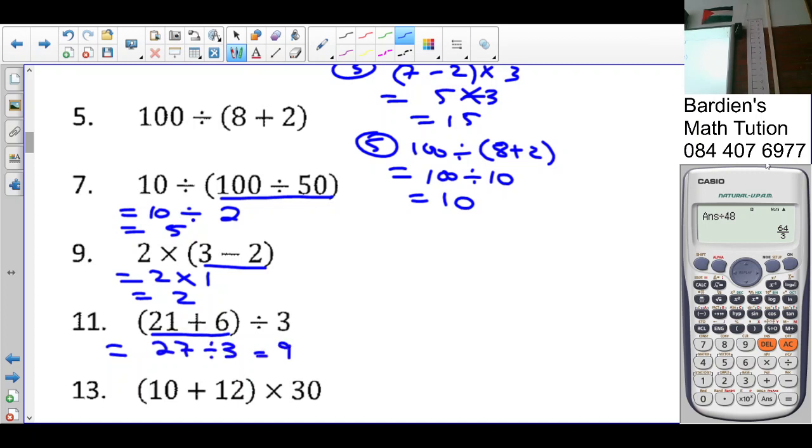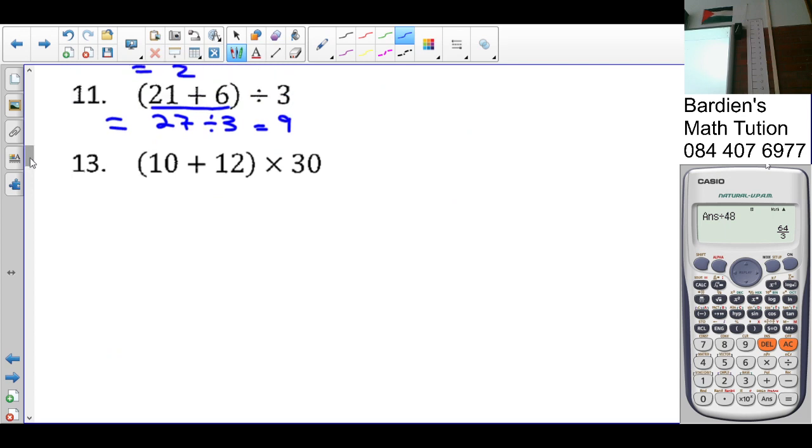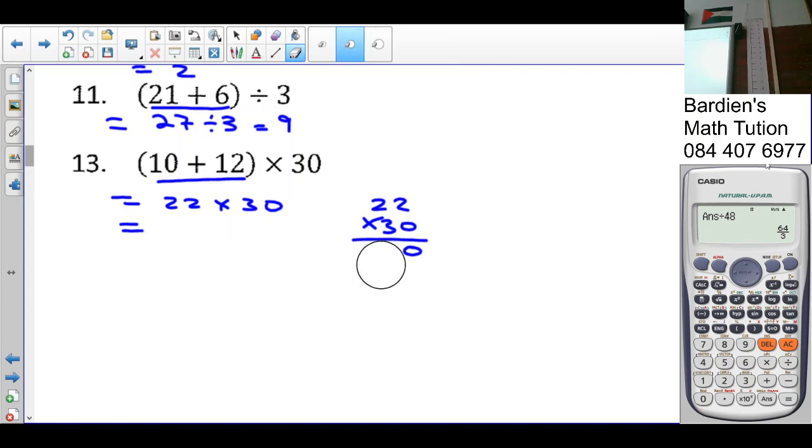It's 9. The 13, the last one, is 22 times 3, times 30. So it's going to be 22 times 30. It's going to give you 0. That's 30s. So it's going to be 3 times 2. 6. 3 times 2 is 6. 660. Oh, there's another one, number 15.